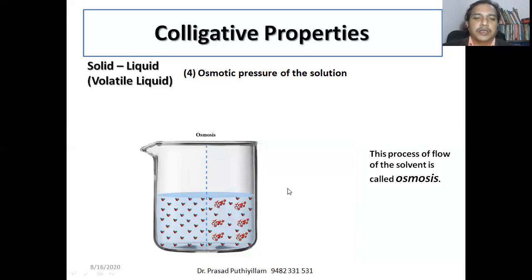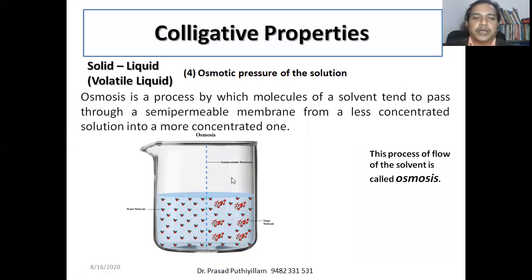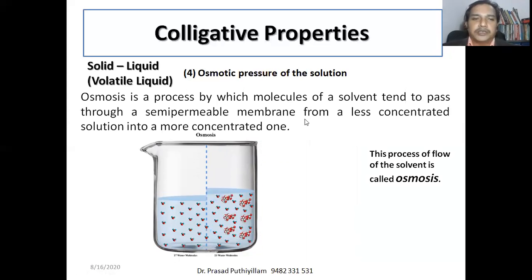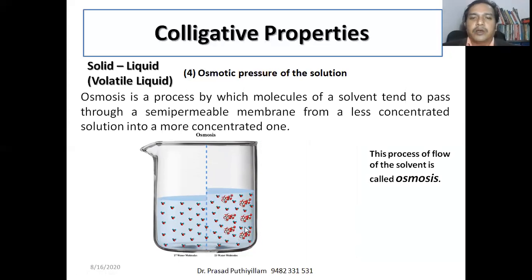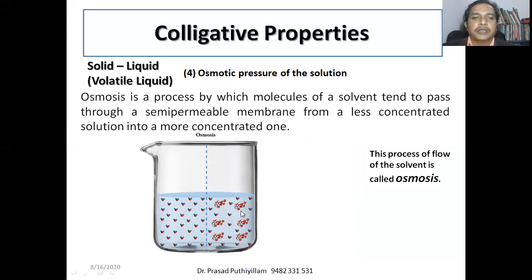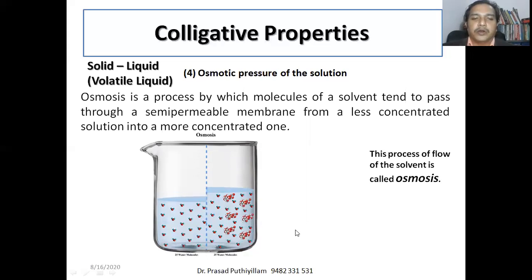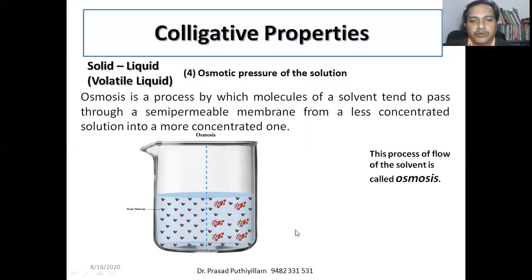Osmosis is a process in which the molecules of solvent tend to pass through a semi-permeable membrane from a less concentrated solution into a more concentrated one, or from pure solvent to a solution. Here the water molecules go to the sugar solution through the semi-permeable membrane, which is kept in between.